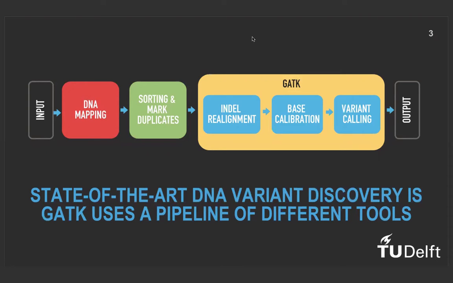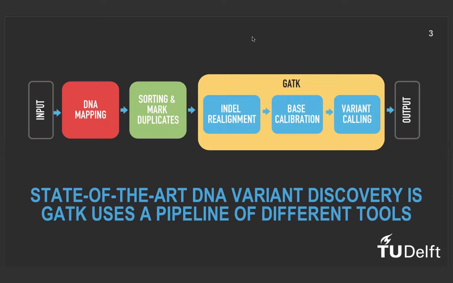Then we use indel realignment to locally adjust the map location of the reads to get a more accurate alignment. And then base recalibration is done to adjust the quality scores of different base pairs to improve the overall base quality score assignment.